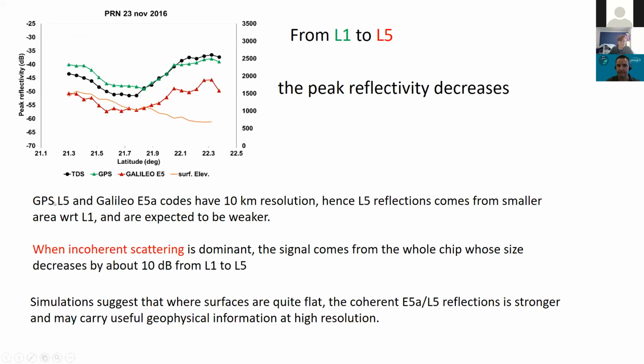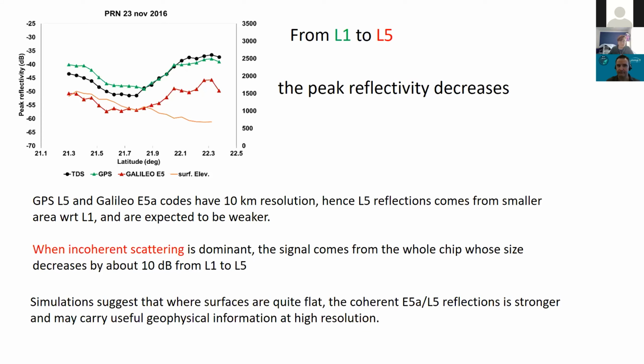These simulations correspond to a situation where incoherent scattering is dominant. So the signal comes from the whole chip size, whose size decreases by about 10 dB from L1 to L5. However, we performed also simulations for a completely flat area, that is where the scattering is completely coherent.